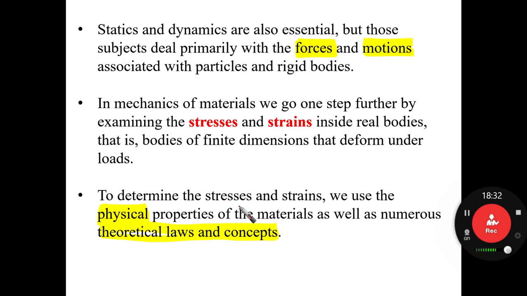To determine the stresses and strains, we use the physical properties of the materials as well as numerous theoretical laws and concepts. So we have physical properties, we need to think about them, and we need to know them well regarding the element under investigation.